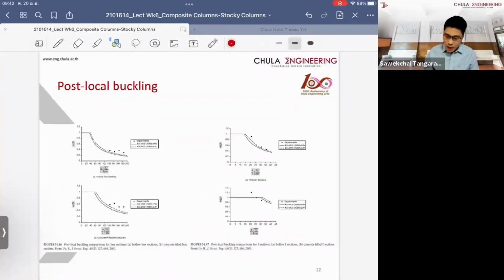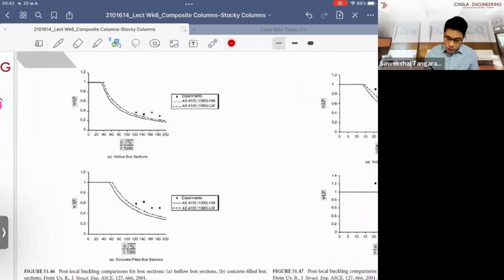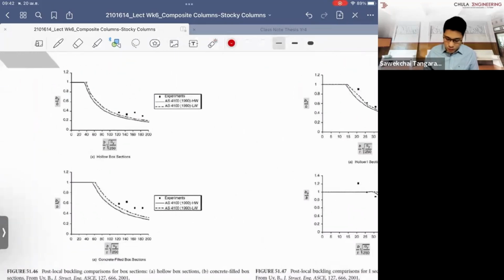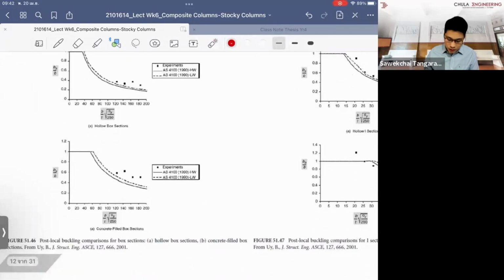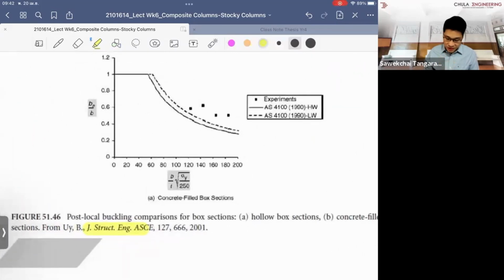Before we move into that discussion, I'd like to show you some research. We take it from the Journal of Structural Engineering, one of the top journals that most engineers and researchers use and believe in.